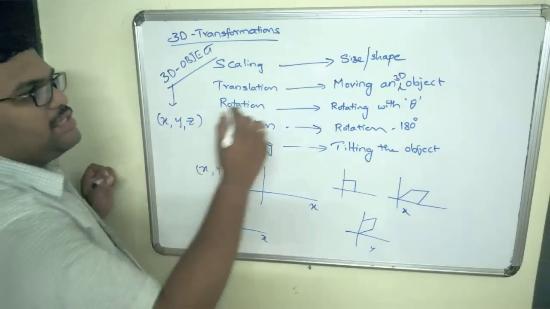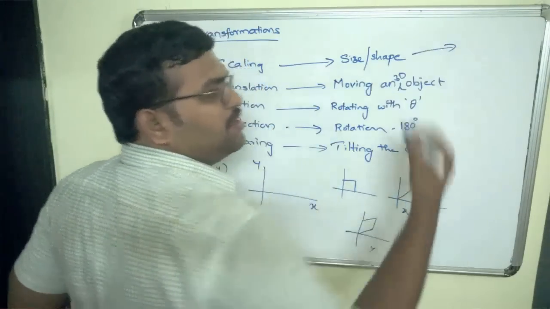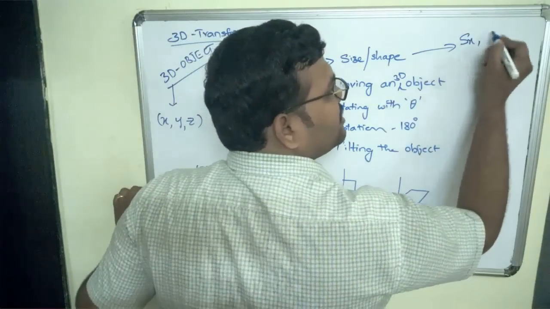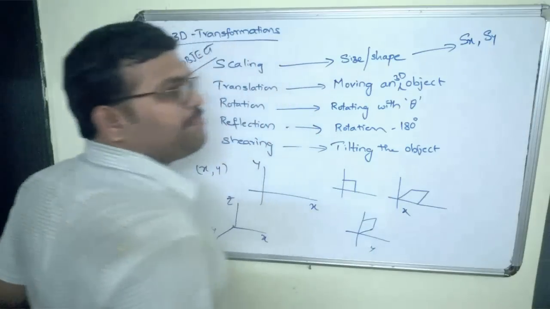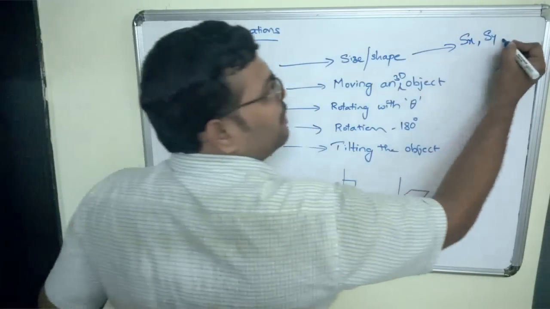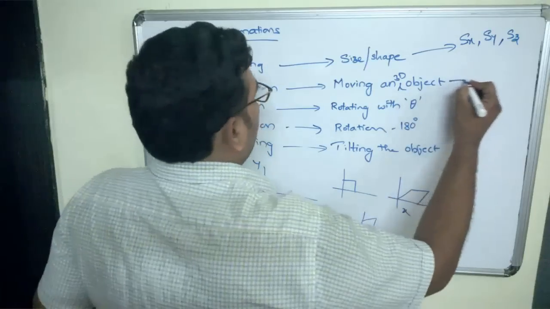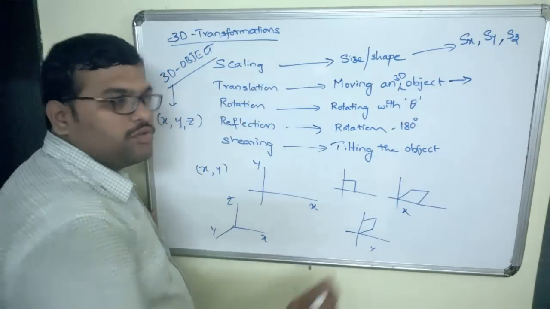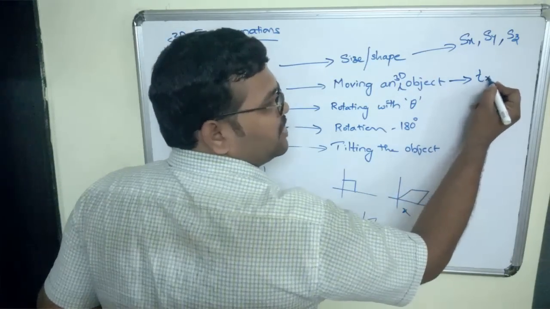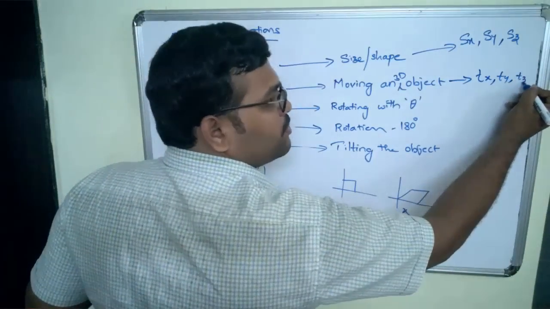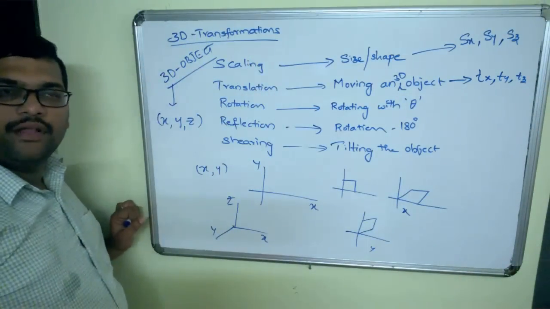Now for this we have seen some scaling parameters, those are with respect to x-axis and with respect to y-axis. Now there will be one more, that is with respect to z-axis. Similarly translation parameters we have seen, with respect to x, with respect to y, and now with respect to z-axis.